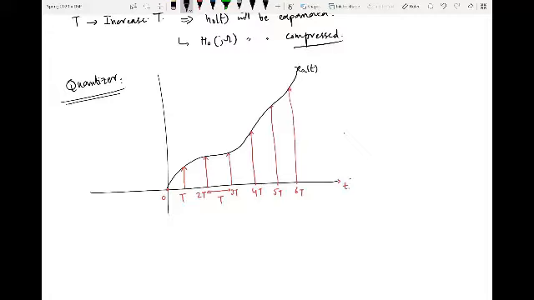Now this red sequence is named xs of n. When this xs of n is passed through a zero order hold circuit, it makes this dotted signal.